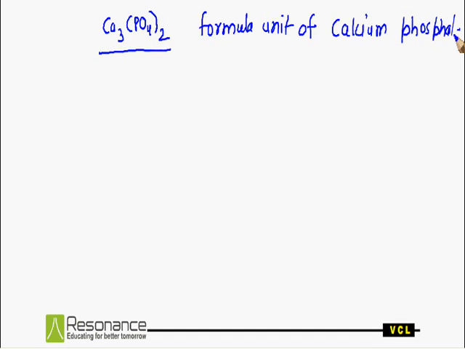As we know, calcium phosphate is an ionic compound, so it consists of ions, not molecules. So now we can calculate the formula unit mass of calcium phosphate.